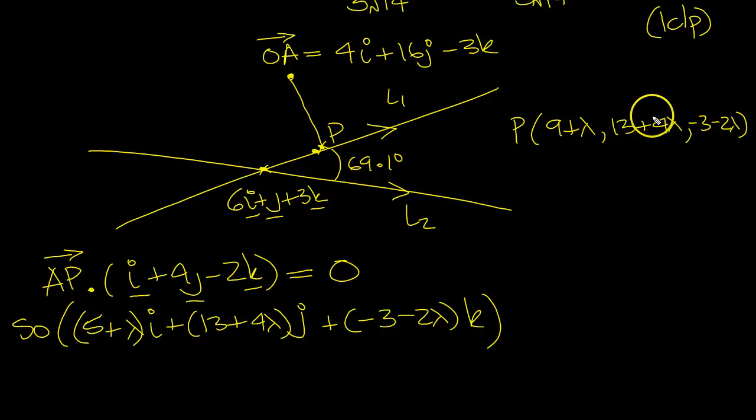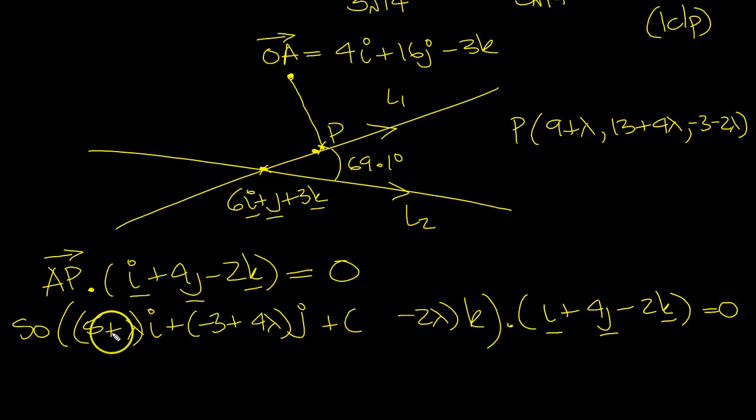And then 13 plus 4 lambda minus 16 is 4 lambda minus 3. So that would be minus 3 in there. And lastly, minus 3 minus 2 lambda minus 3 is plus 3, so it's just the minus 2 lambda there. So that would be AP dot product with i plus 4j minus 2k equals 0.